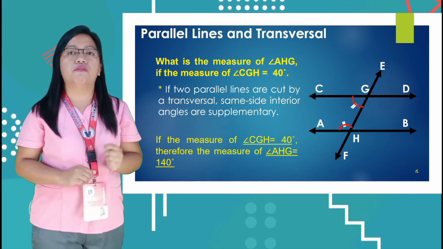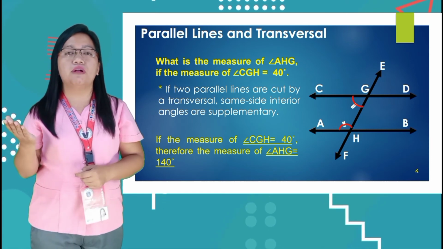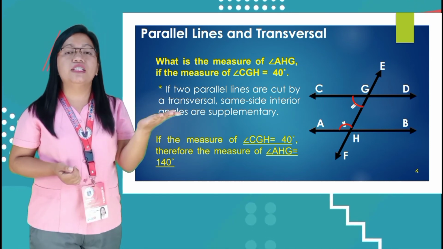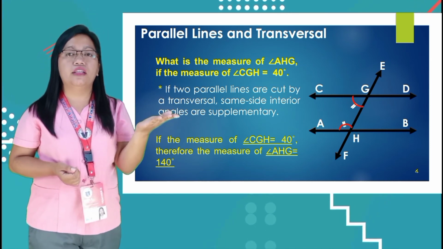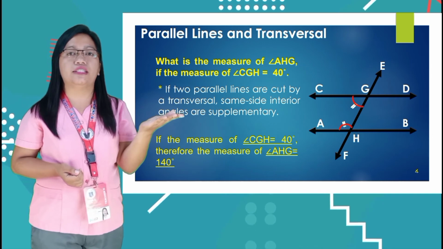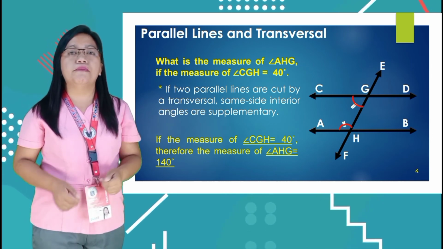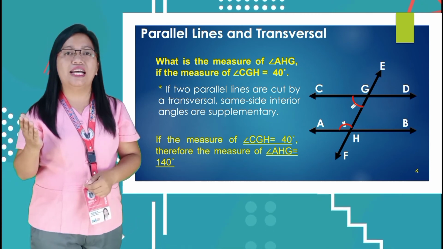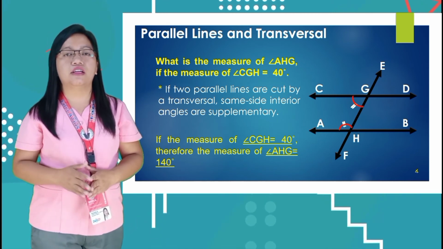If the measure of angle CGH is equal to 40 degrees, to get the measure of angle AHG, subtract 40 degrees from 180 degrees. Therefore, the measure of angle AHG is equal to 140 degrees.